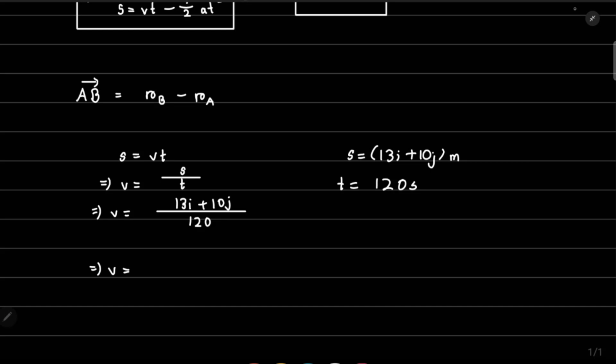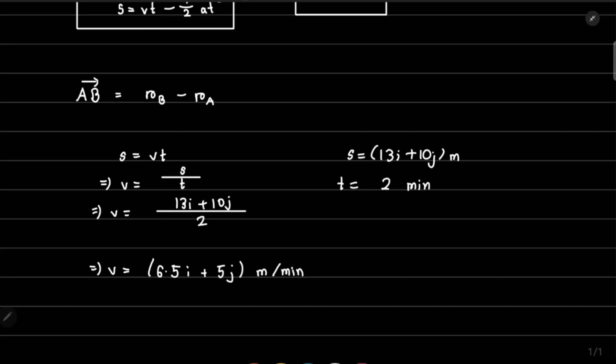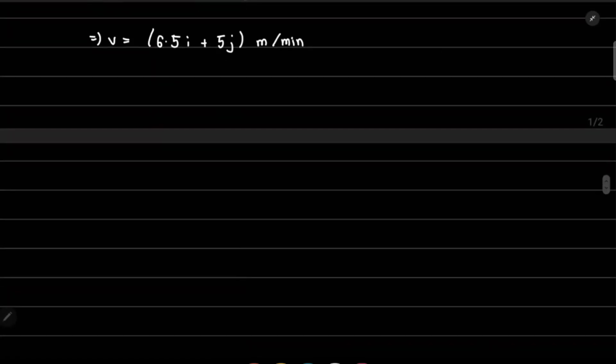Well, I'll just do it in minutes. I'll find his speed in meters per minute. So I'll get 13 by 2, which is 6.5i plus 5j, and the unit for this will be meters per minute. So this is my friend's velocity vector. Now before we move on to other topics, we'll also have to learn about bearings.